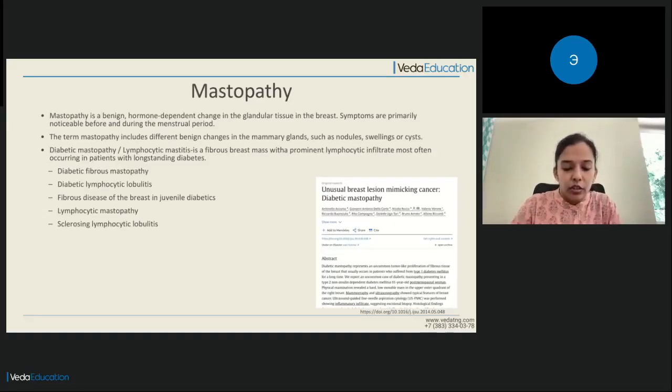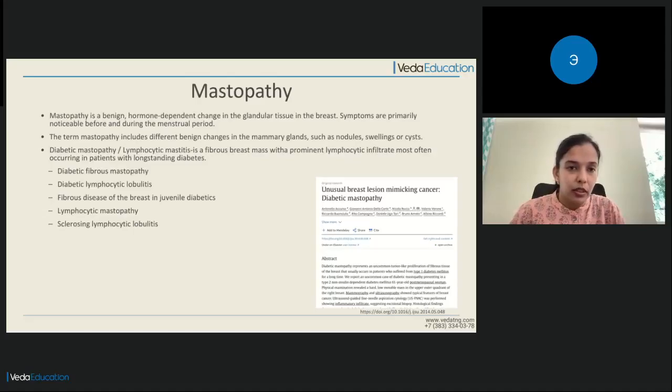And so this change could be temporary, or it could lead on to something more stable and permanent. The change in the glandular tissue of the breast would usually happen either in the form of a nodule, or it is more firm like a cyst, or there would be swellings.